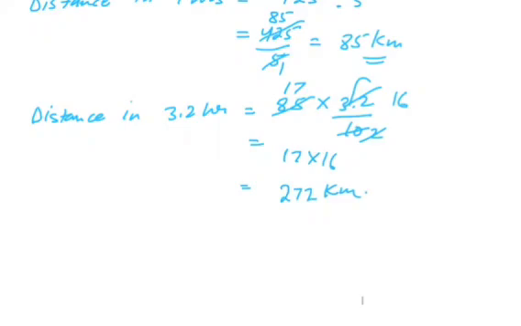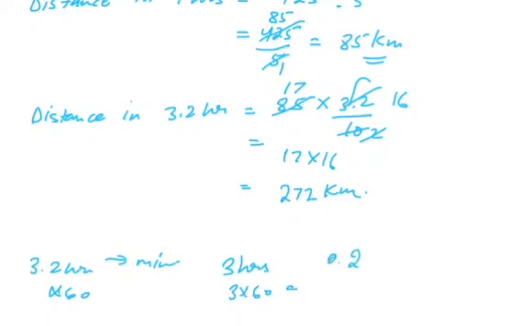Arpan, okay, Jatin is saying 3.2 hours means 3 hours 20 minutes. No, beta, it doesn't mean 3 hours 20 minutes. If you want to change 3.2 hours into minutes, just multiply it with 60. 3 hours means 3 into 60, and 0.2 into 60 is what? 12.